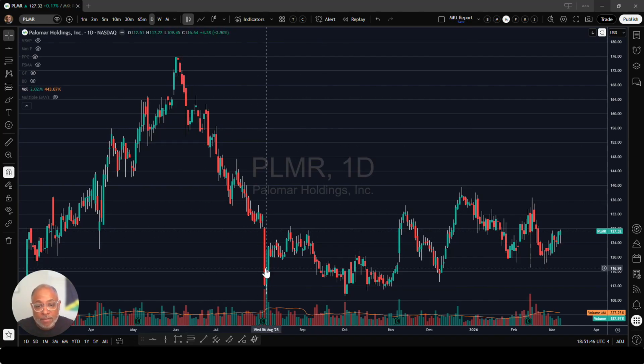So we need to figure out what event with this company caused this to crash, and now why it's going sideways. Because there might be a time here, since it's going sideways, that it's setting up, or what they call basing, right? It's setting a baseline for the price to then possibly turn around and go higher if whatever caused this crash is over. If that event or situation is now resolved, we can then expect this company to go higher.